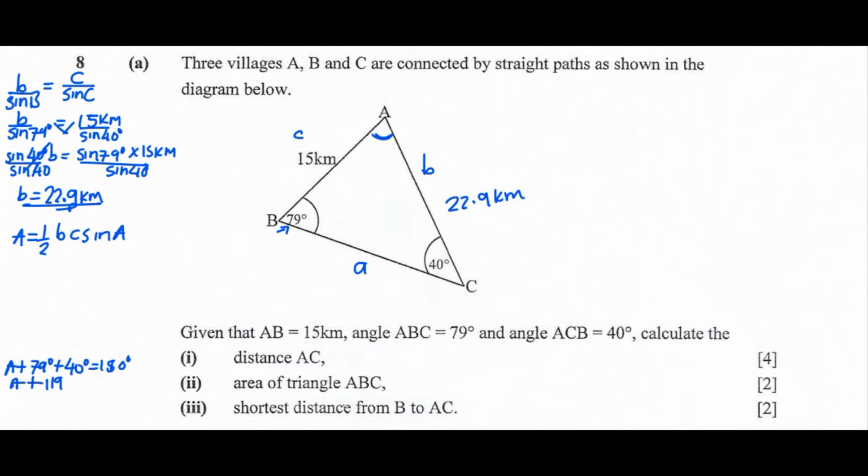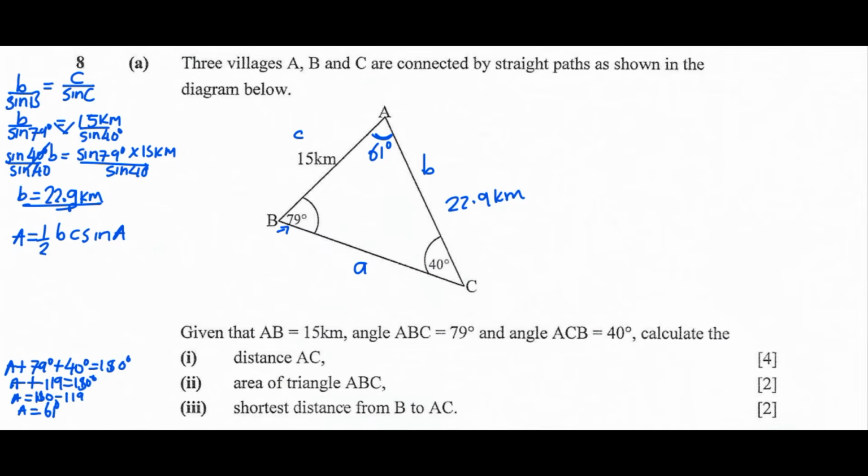So angle A plus 119 is equal to 180. Then if this 119 shifts to the other side, it will be 180 minus 119, so A is equal to, I'm getting 61 degrees here. So this is our angle, 61 degrees.